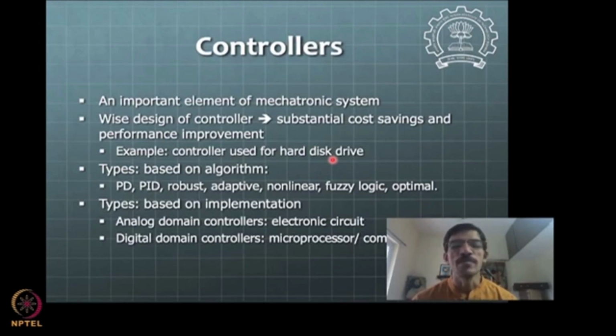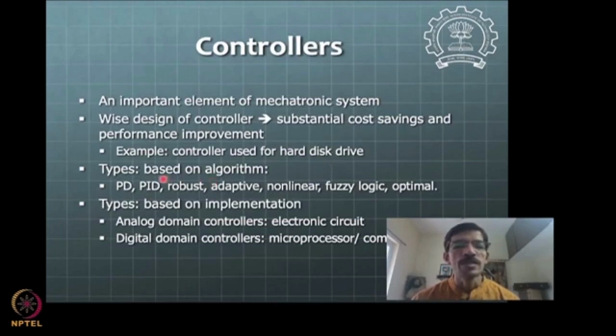This arm positioning on the surface of the hard disk drive is an extremely high precision kind of application. But the way the controllers and, in general, the mechatronic system are developed, you can have that at a very low cost. Maybe we'll have some chance of looking at the hard disk drive a little more in detail as we go along.